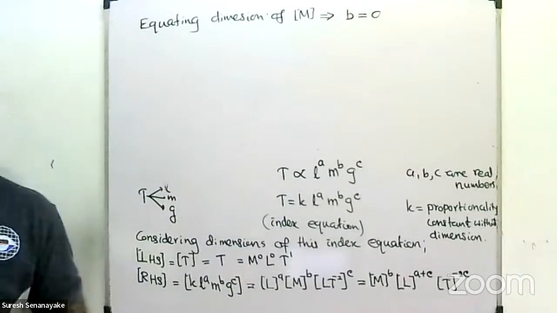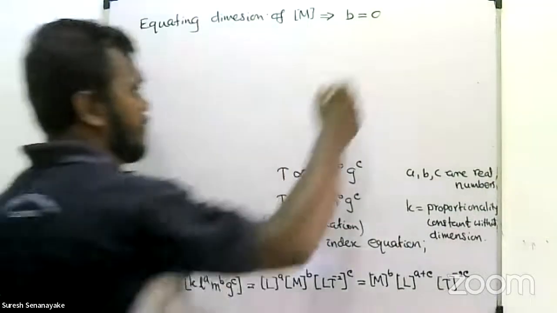So B equals 0. This is the first equation you can get.